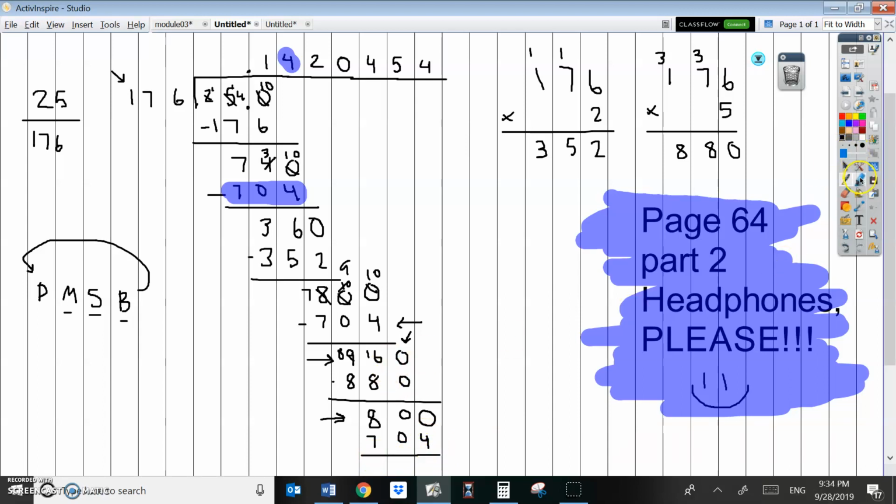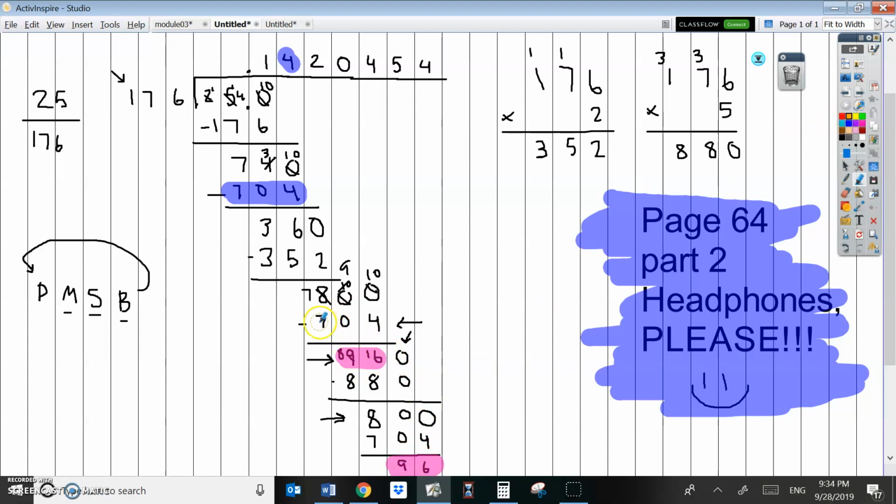Look, there's a 96 right here. See that 96? That's what we're getting again right here. So that tells us that things are starting to repeat.